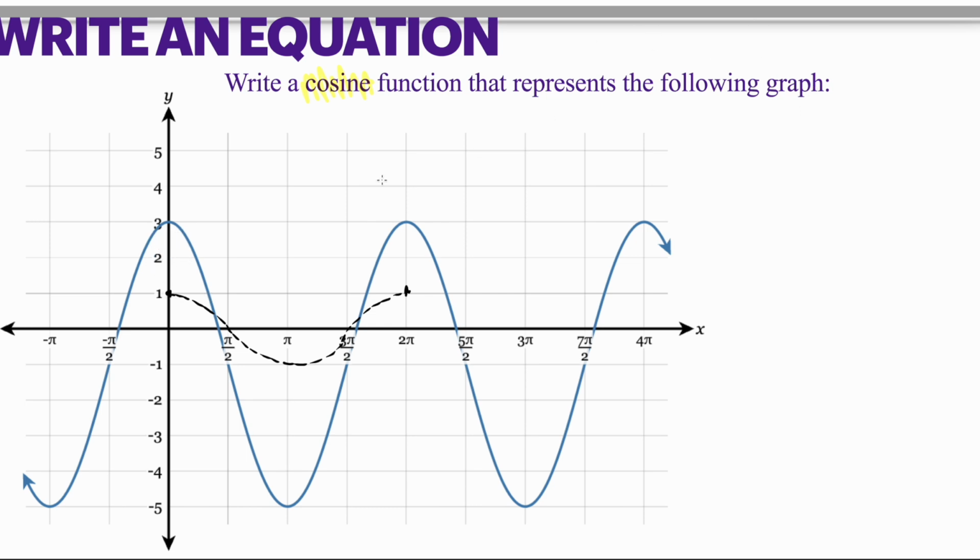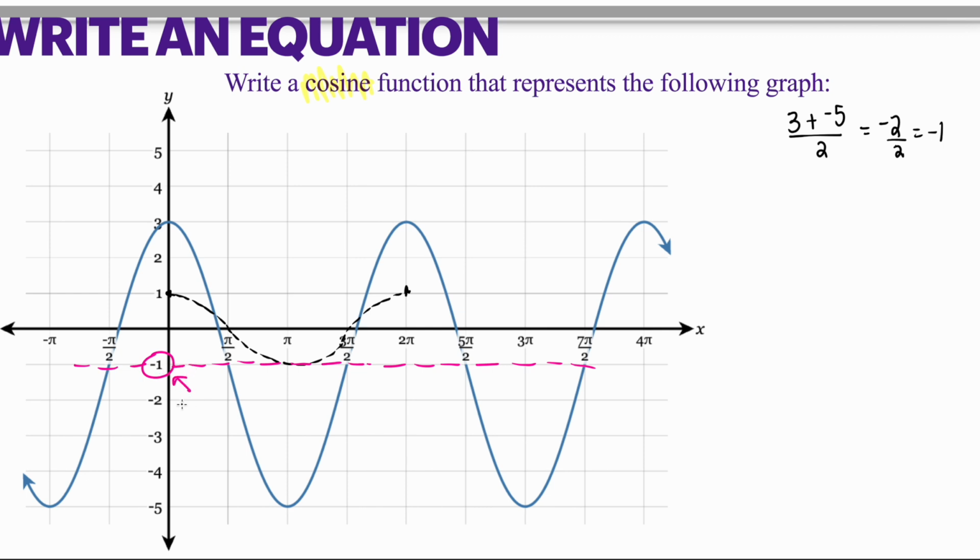You're trying to find the midline. So 3 is the highest, -5 is the lowest. To find the midline, basically like a midpoint, you add and divide by 2. You're finding the average. -2 over 2 is -1, which means the midline, the line that cuts it in half, is at -1.